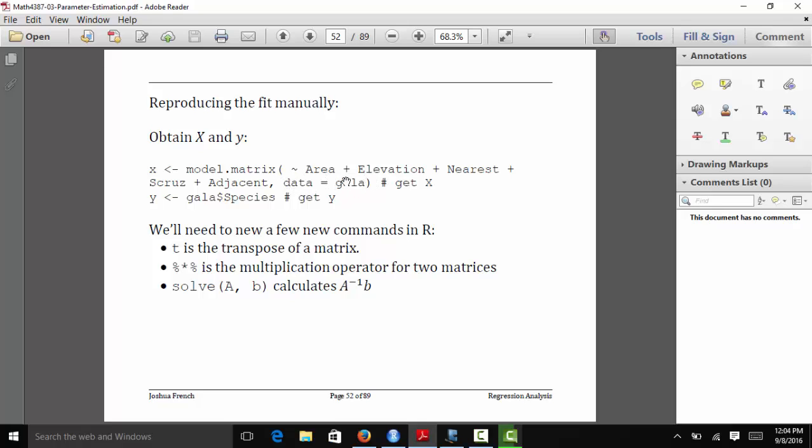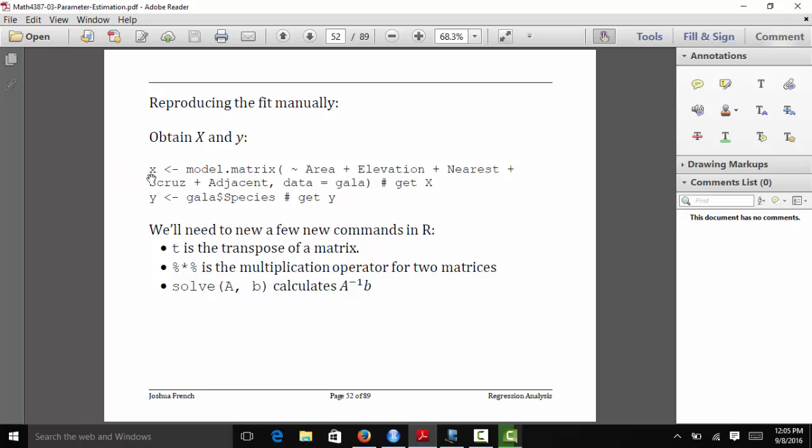And then you just provide the right-hand side of the formula that we used to fit our linear model. So we're saying that we want to construct a regression model that has area, elevation, nearest, scruz, and adjacent as predictive variables. Then this will go through the process of computing the x matrix, returning it, and we're going to store it in an object named x.